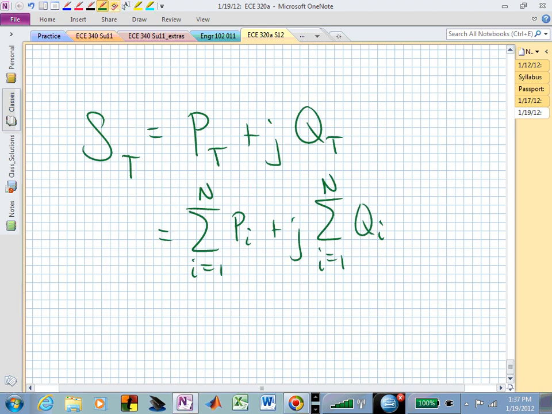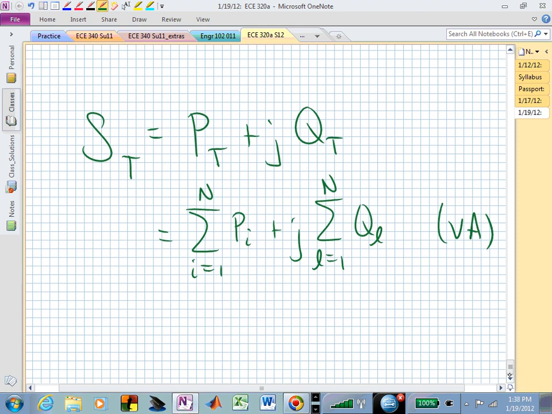Maybe I should change my index so that you're not confused. Let's say that this is L, and that would have units of volt amperes.